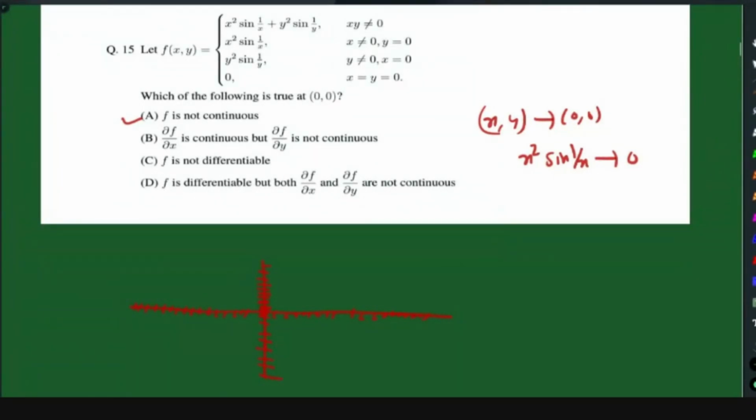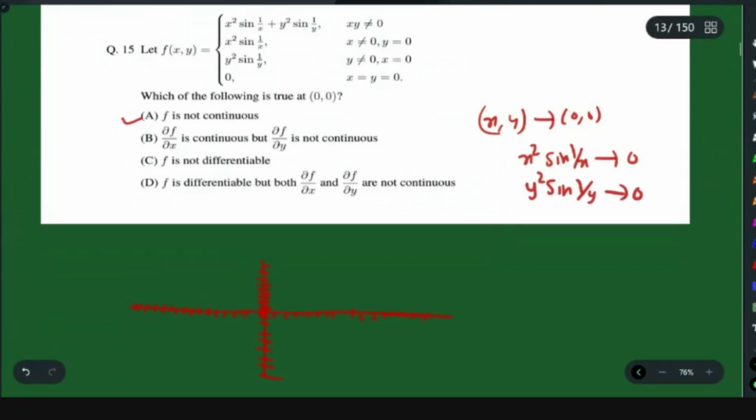Similarly, you can say y square sine 1 by y also will go to 0, because sine 1 by y is bounded by 1, and y square will go to 0. So both components will go to 0. Now what about the first one?